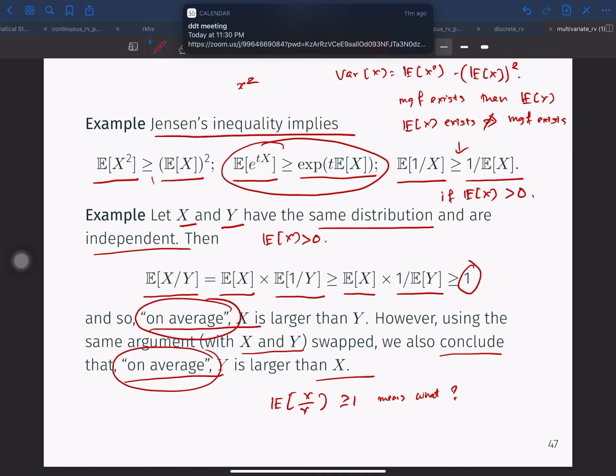I guess the answer is it just means that there are a bunch of values for which X over Y is bigger than or equal to 1, and due to how the probabilities are, those values may have large enough probabilities that the expected value will be bigger than or equal to 1. But it does not mean that, for example, the probability that X divided by Y is bigger than 1 is bigger than 0.5. That does not mean this.